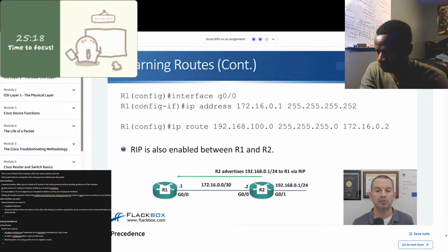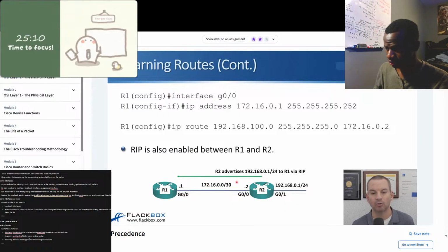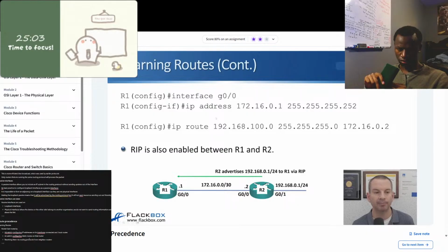So in the example here, we are going to be configuring R1, and on there we configure interface gig 0/0 facing over towards R2, and we've given it the IP address 172.16.0.1/30. We are also optionally configuring a static route on this router as well.